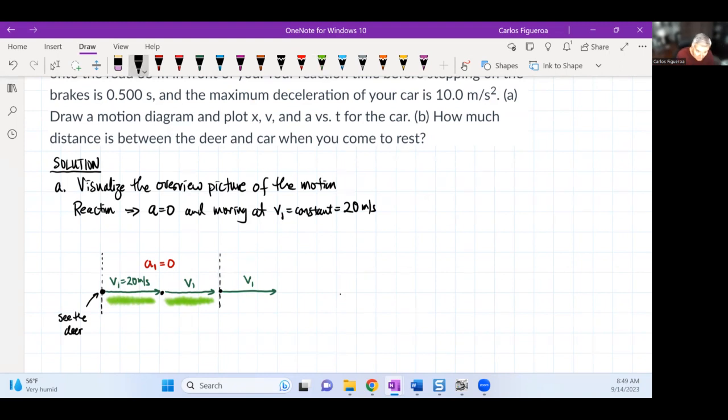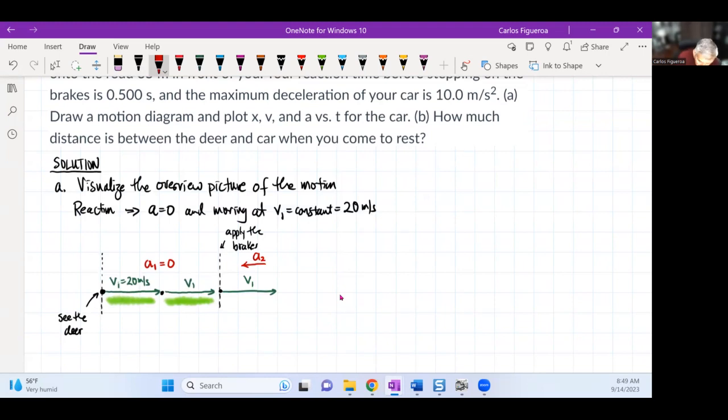At this point right here, I'm going to apply the brakes. It takes time for you to move your foot off the accelerator pedal onto the brake. Once you do that, I have an acceleration in the opposite direction.